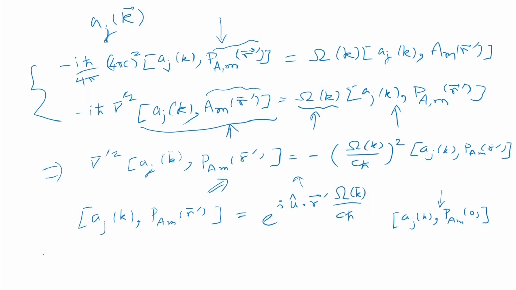But in this case, for the electromagnetic field, the canonical position is really the entire field of vector potential, and the canonical momentum is basically something like the electric field. So using that idea, I can think of this as some linear combination of A's and the P's.